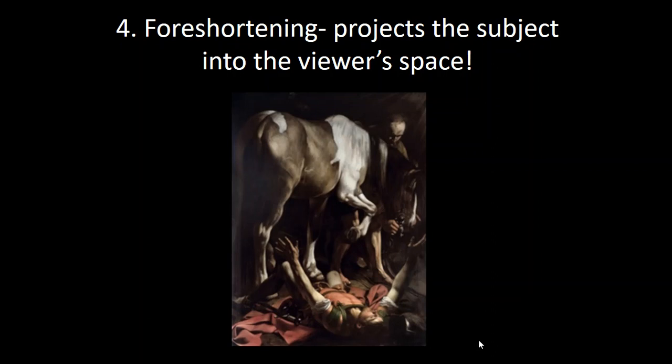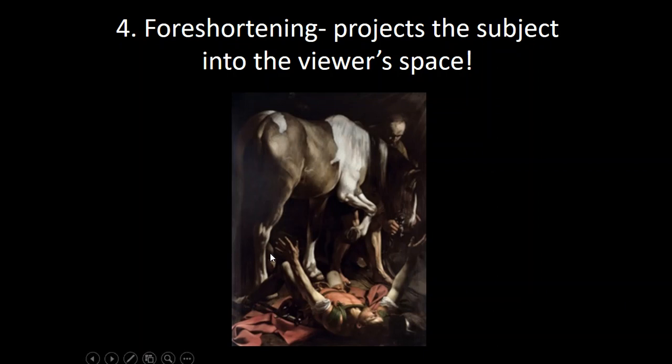This is his moment of conversion. And it might not look like that, though, to an average person. This just looks like a normal, everyday scene of a guy who fell off his horse, right?